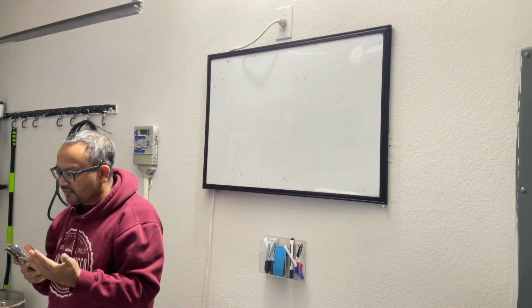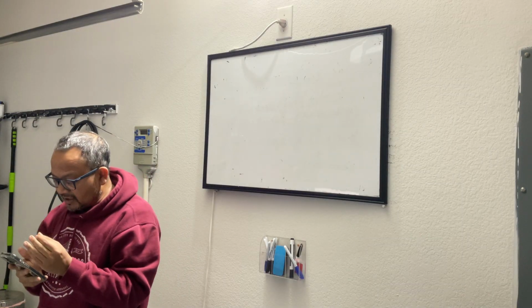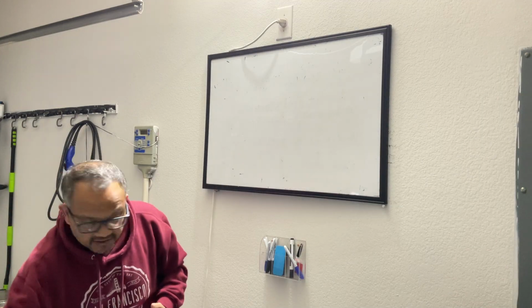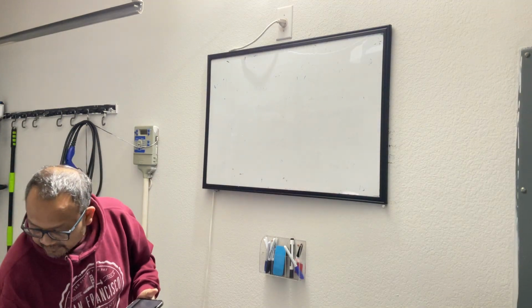Let me read the question for you. Lisa is 800 meters from the base of a mountain. So let me draw it first, then it will make a little more sense.